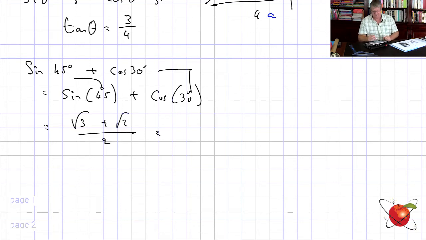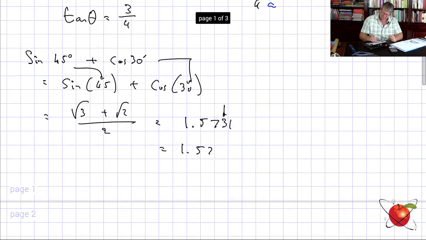Don't worry about those, we're going to get to those. But what do I do now? Well, you press SD and it gives you 1.5731, and if you only wanted 2 decimal places, it's 1.57, which means you would have looked at the third one and rounded off accordingly. All right?